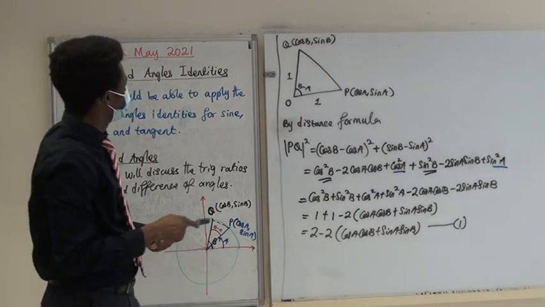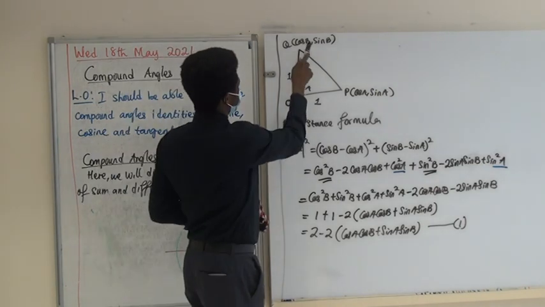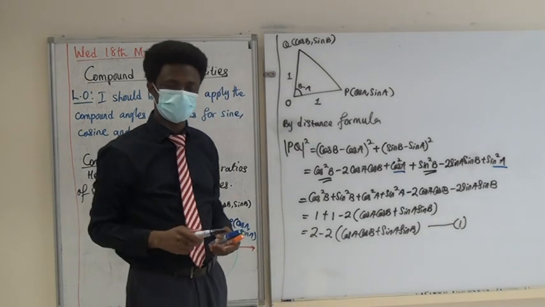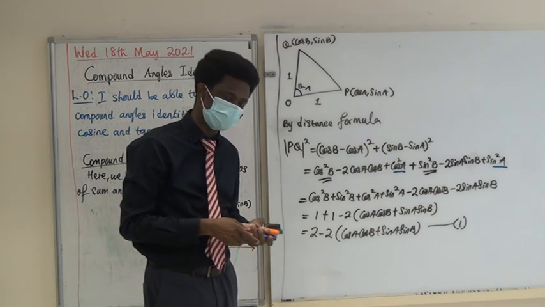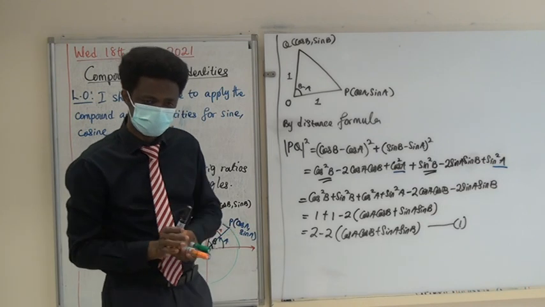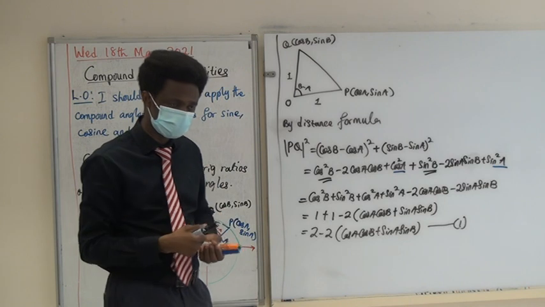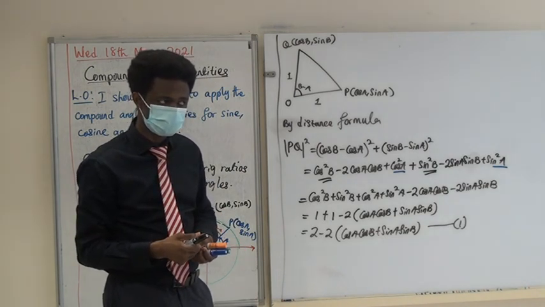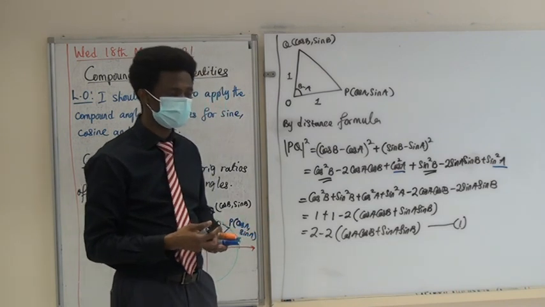Now, what other way can we use to find PQ, from previous knowledge, IGCSE actually? Like using the isosceles triangle. What does it satisfy? Because you have two sides that are the same.